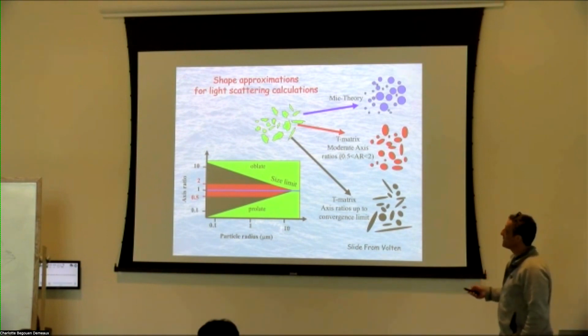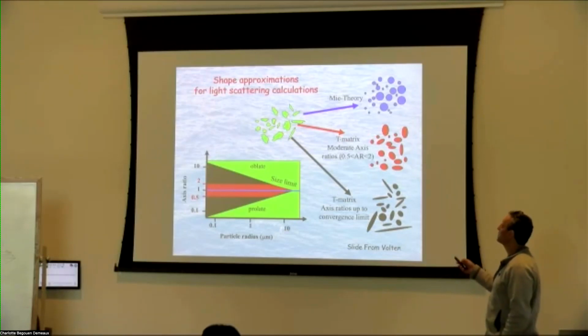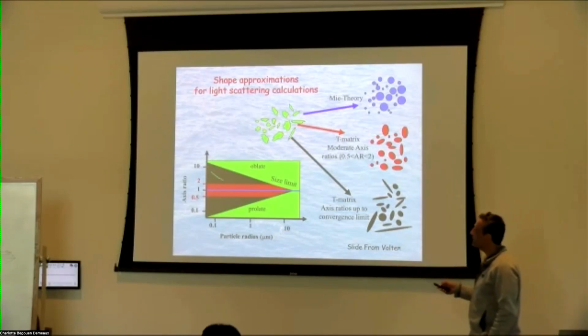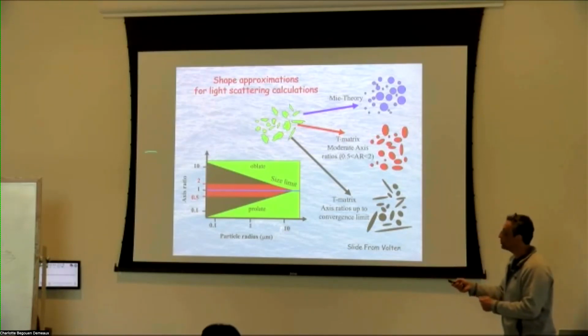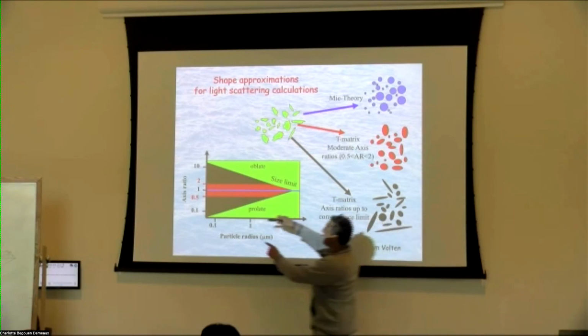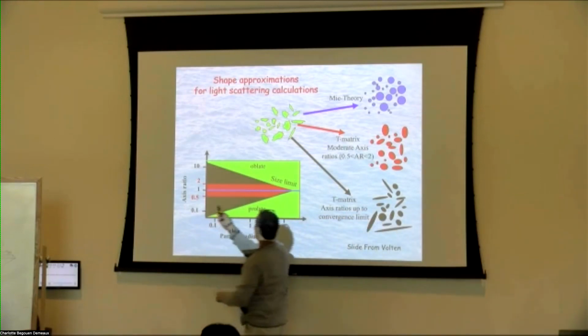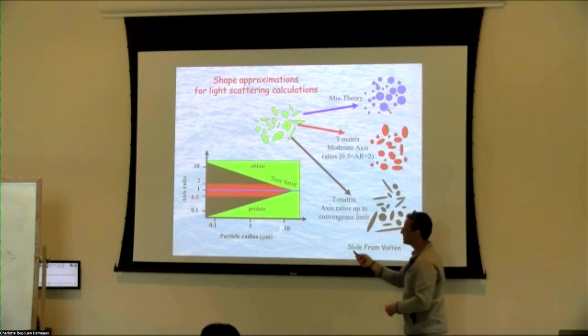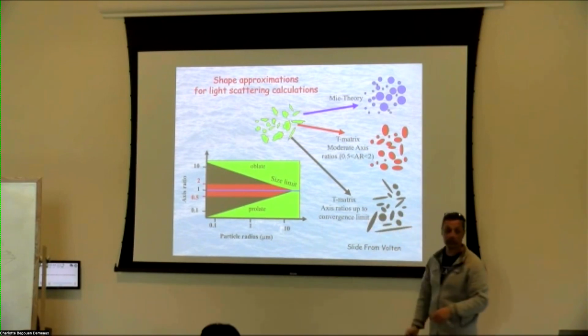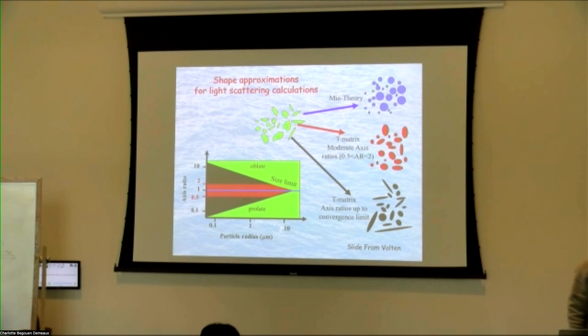This is a slide from a presentation she gave, where she talks about the different theories one could use for different sizes, because there's a thing called T-matrix. There's a whole variety of codes out there, but they do not necessarily span all the axis ratios you're interested in and all the sizes you want. So the size limit using T-matrix is limiting in terms of what you can say.